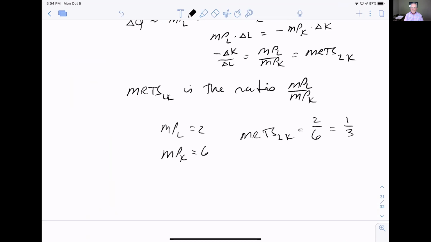And that tells me then that only 1/3 unit of capital is necessary to replace a unit of labor, right? So if capital is 3 times as efficient per unit at the margin than labor, then it would only take 1/3 of a unit of capital to replace a unit of labor.